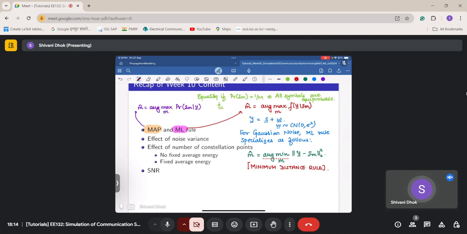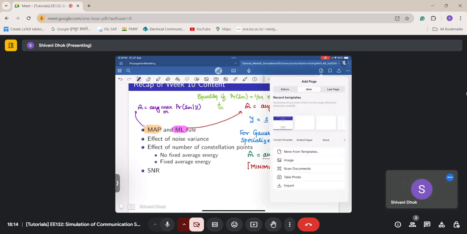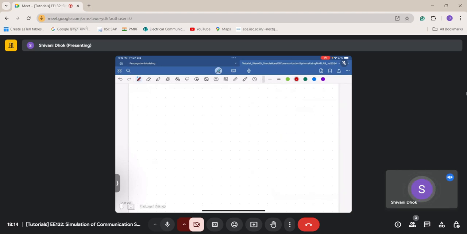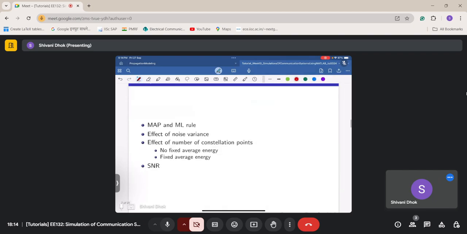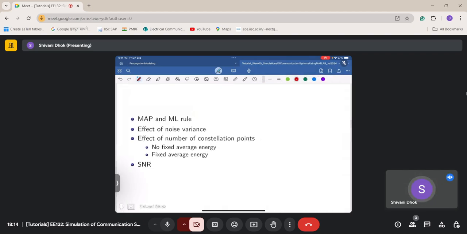After that, we simulated this for different constellations, and we analyzed the effect of noise variance and also the effect of the number of constellation points.